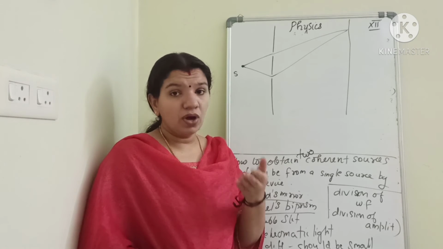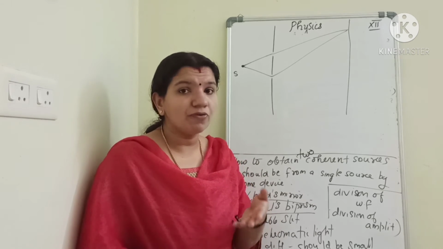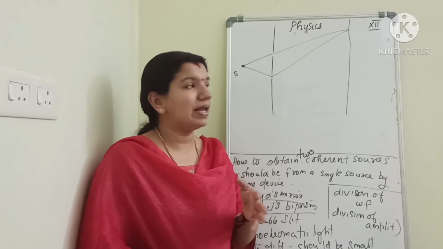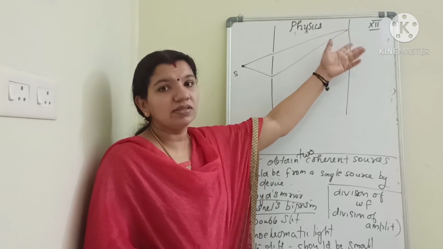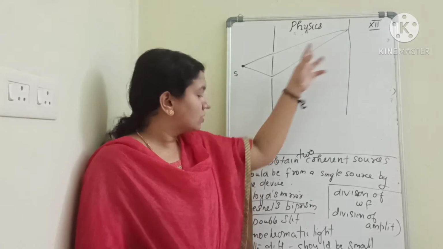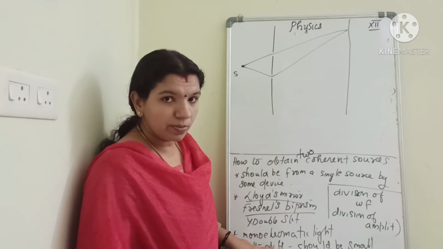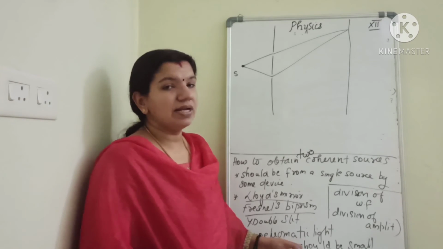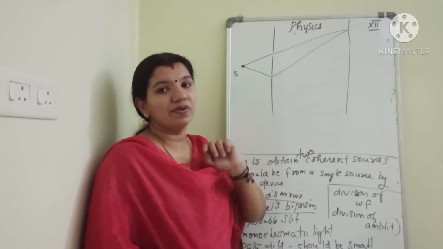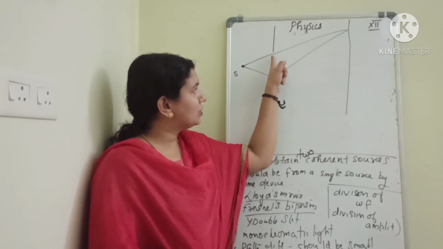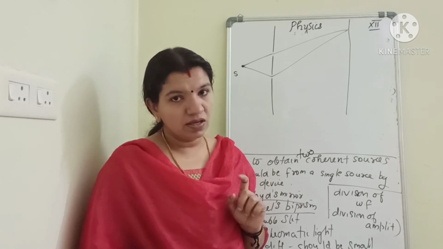If you are using white light instead of a single color or single wavelength, you will get some other things here that we will discuss later. So that's why we are using monochromatic light. Then the path difference between the two sources should be very small.